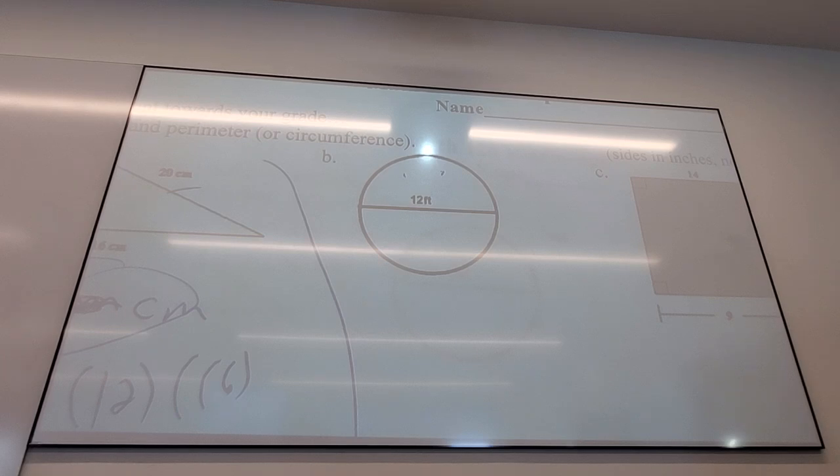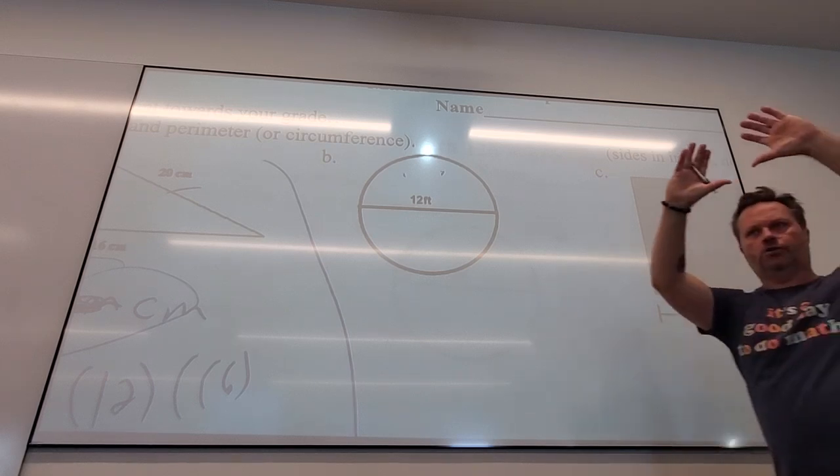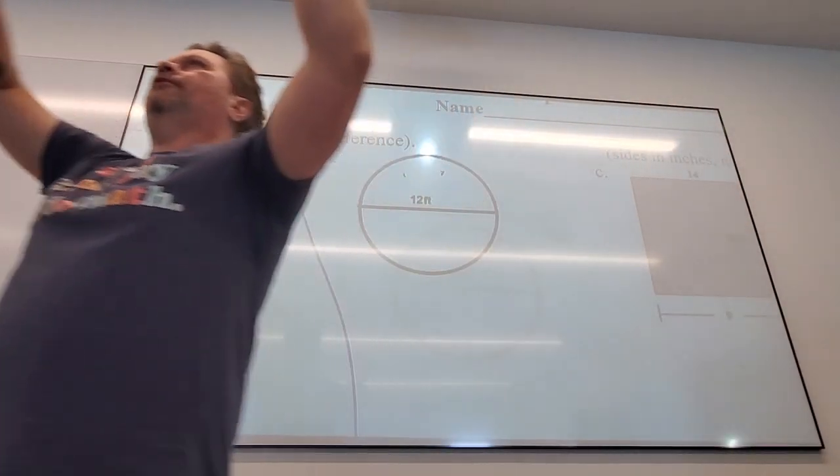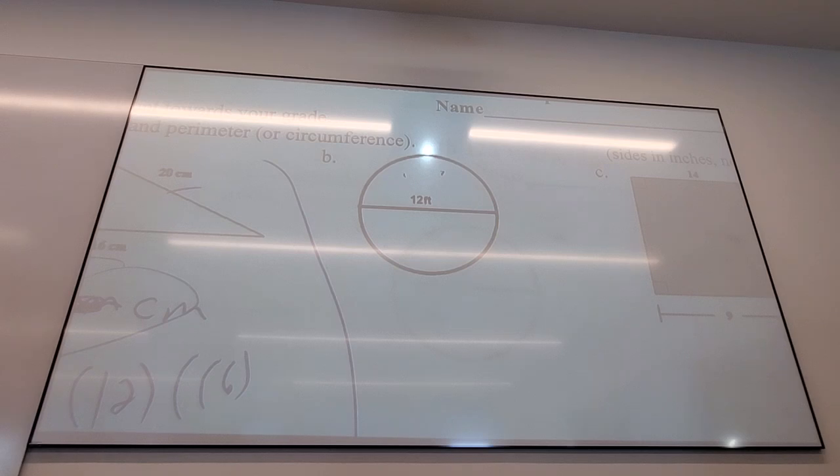So the real place pi came from is civilizations discovered that no matter how big or small a circle, if you take its circumference divided by its diameter, you always got the same number. Now, if you imagine, back in the day, before we had any real mathematics set, and people are starting to play around with shapes, and they say, holy shit, this circle, if I take the circumference divided by diameter, and this circle, if I take the circumference divided by diameter, we get the same damn number.